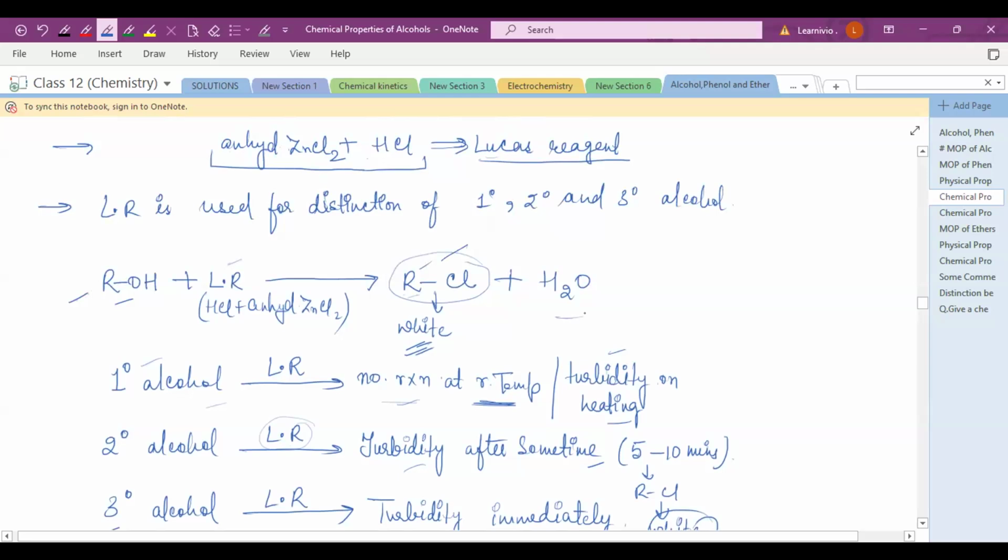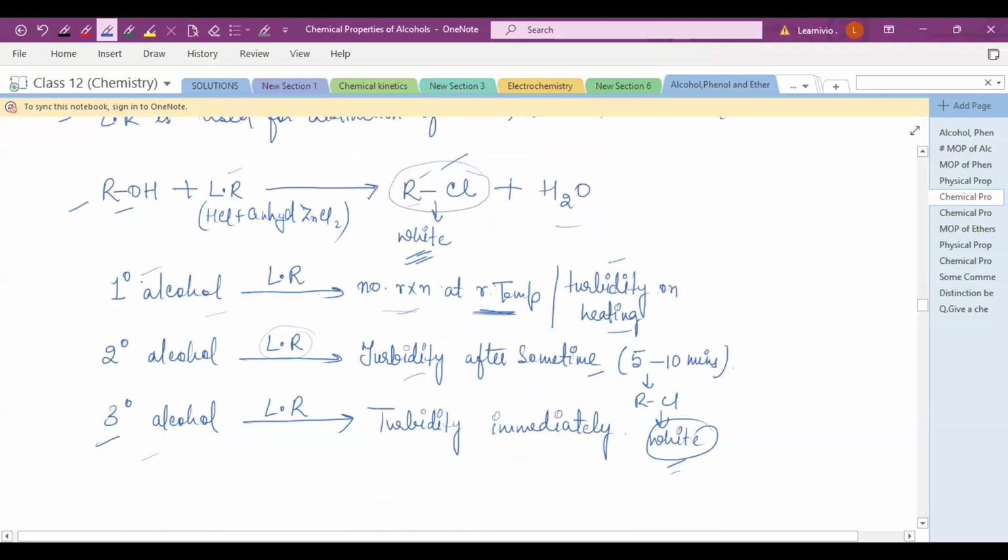For the primary alcohol, you draw the structure of pentan-1-ol, and when you add the Lucas reagent, meaning HCl plus anhydrous ZnCl2, there will be no reaction at room temperature. It's important to mention room temperature here, right? But the secondary alcohol, pentan-2-ol, gives a positive test and a turbidity after 5 to 10 minutes.